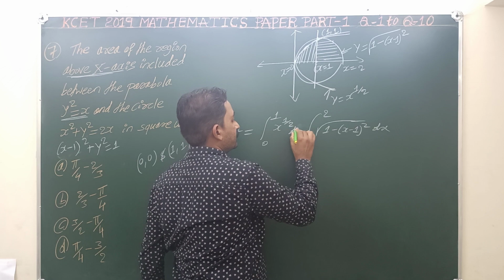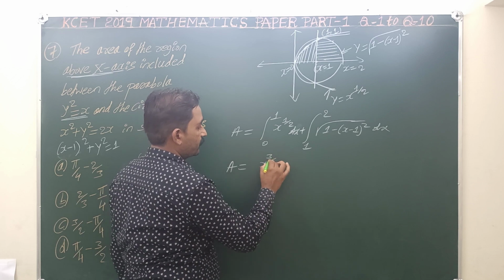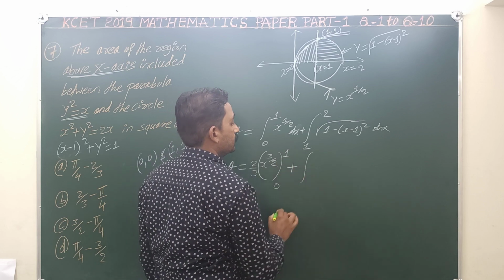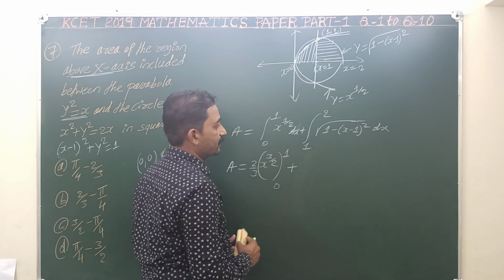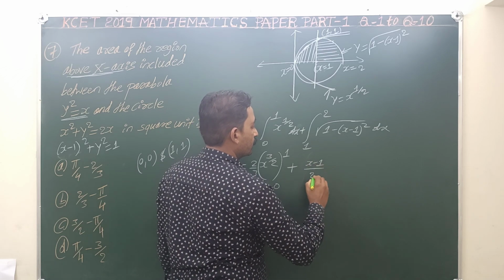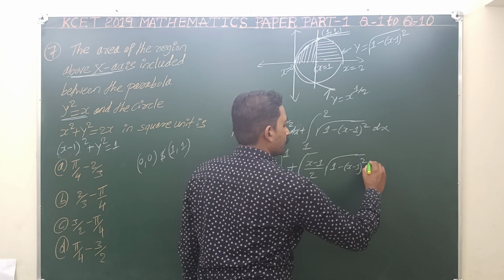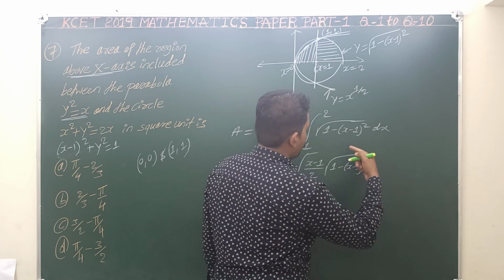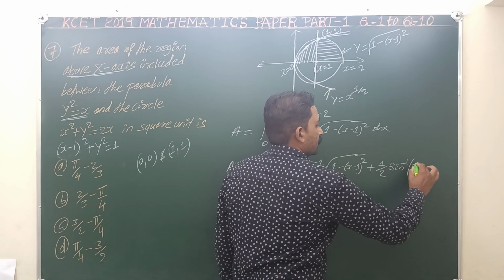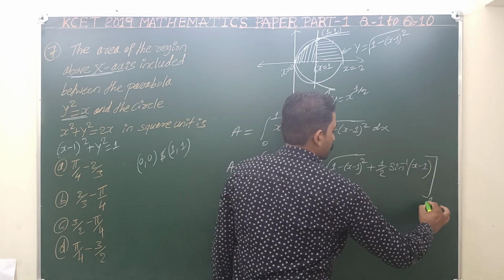Now integrate x to the power of 1 by 2, which gives x to the power of 3 by 2 divided by 3 by 2, that is 2 by 3, from 0 to 1, plus, using the standard result, the second part is (x minus 1) by 2 times the square root of 1 minus (x minus 1) whole squared plus a squared by 2, here a is 1, so 1 by 2, times sine inverse of (x minus 1) by 1, from 1 to 2.